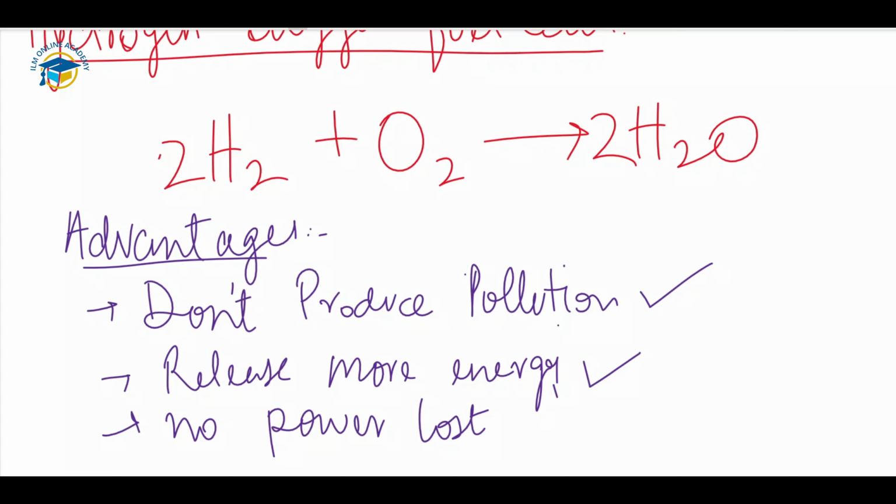Third, no power loss happens. It is capable of producing electricity as long as hydrogen and oxygen are supplied. So it releases more energy, no power is lost, and it does not produce any pollution. These are the advantages of hydrogen-oxygen fuel cells.